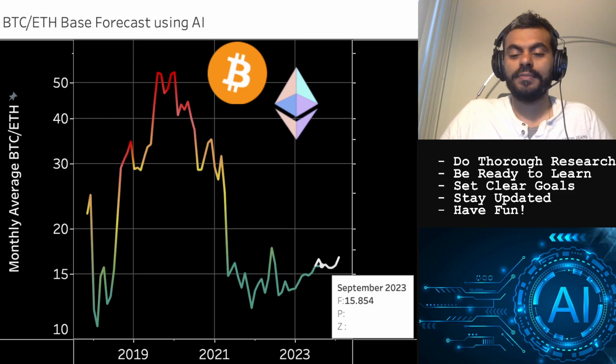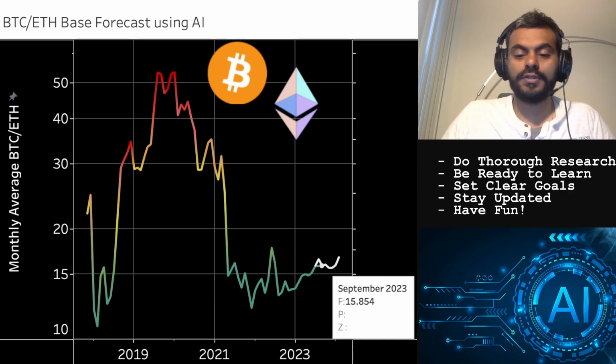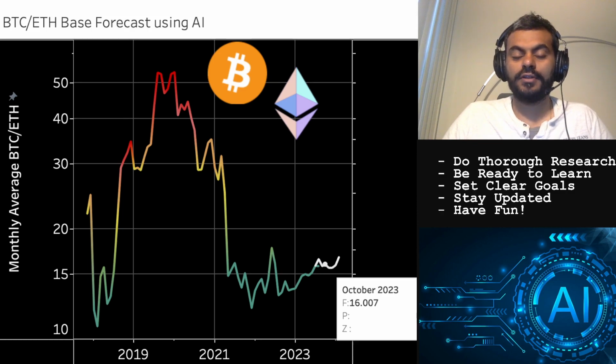So forecasted price action for valuation for September is at 15.85 ether per BTC. So that is slightly close to what we saw in August. Fairly similar valuation in October, though the AI model has forecasted Bitcoin to gain further ground over ETH and be trading at 16 ether per BTC in November.